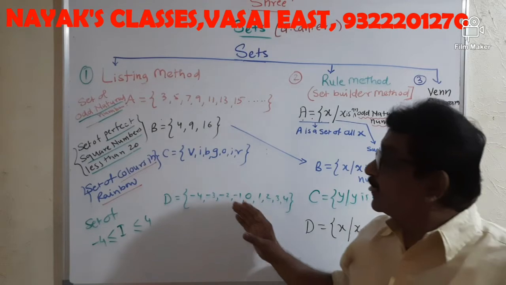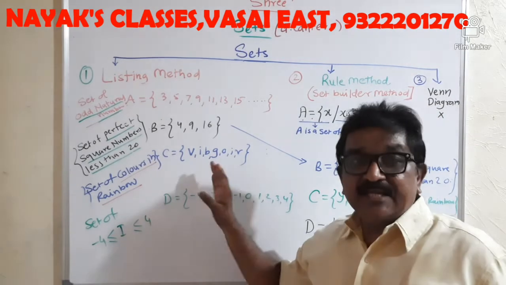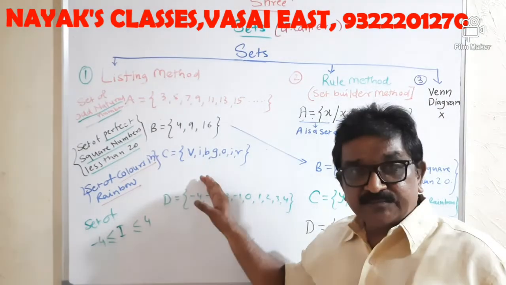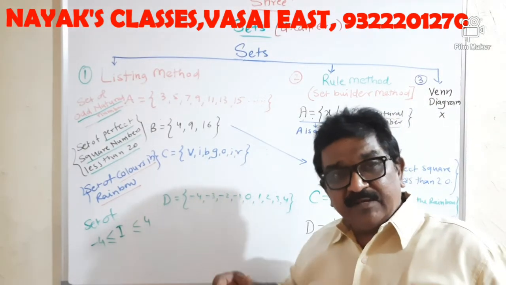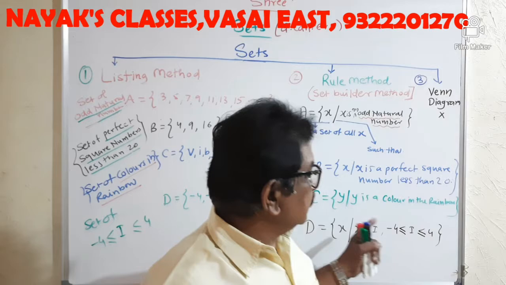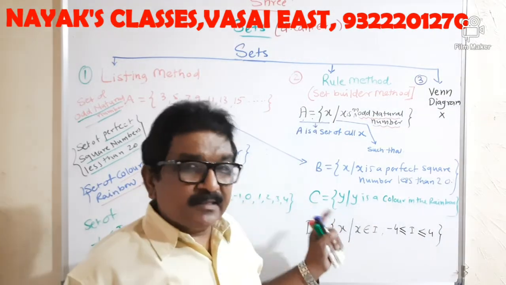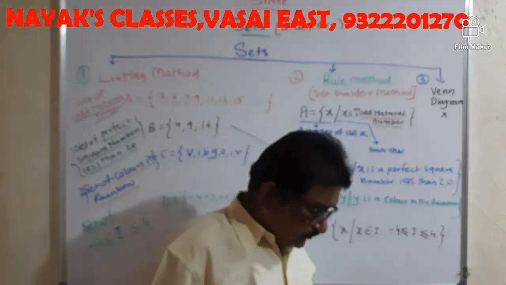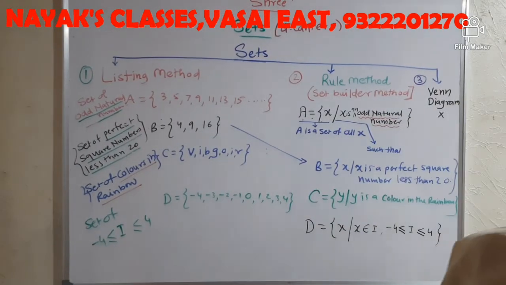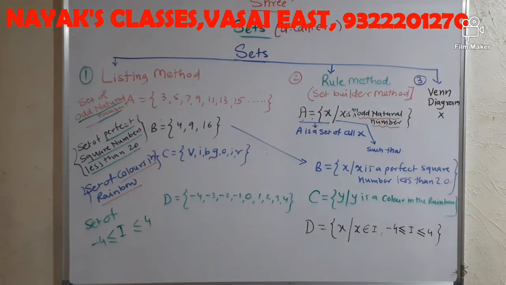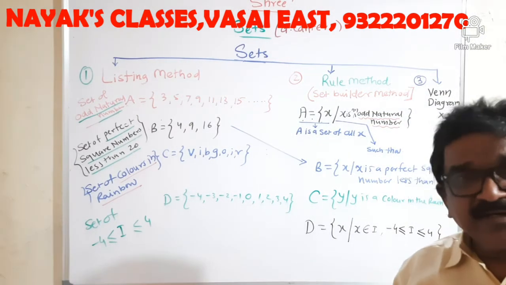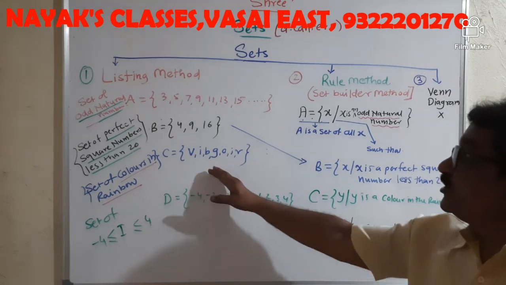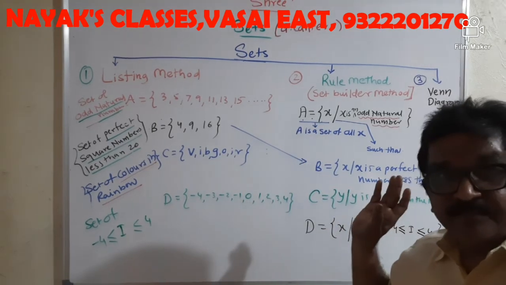Try to write around 10 examples of listing method sets and convert them into rule method. Try it, very nicely you will get. So write down this. Pause the video and you can write nicely. So listing method, rule method.